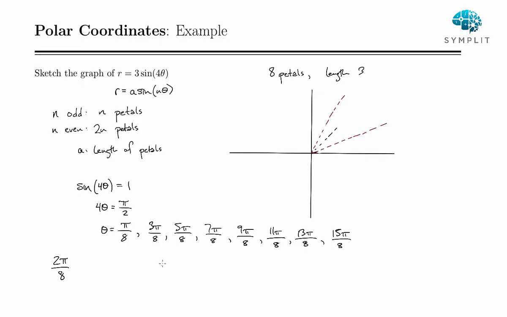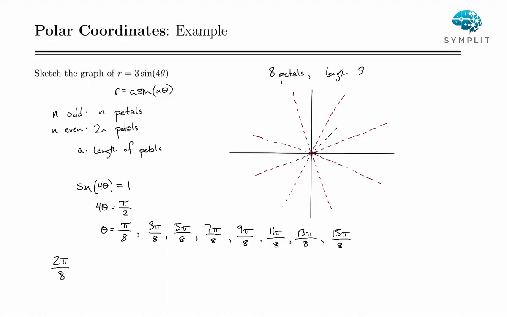And then 5 pi over 8, that's going to be right there. And 7 pi over 8, 9 pi over 8, 11 pi over 8, 13 pi over 8, and then, of course, 15 pi over 8.